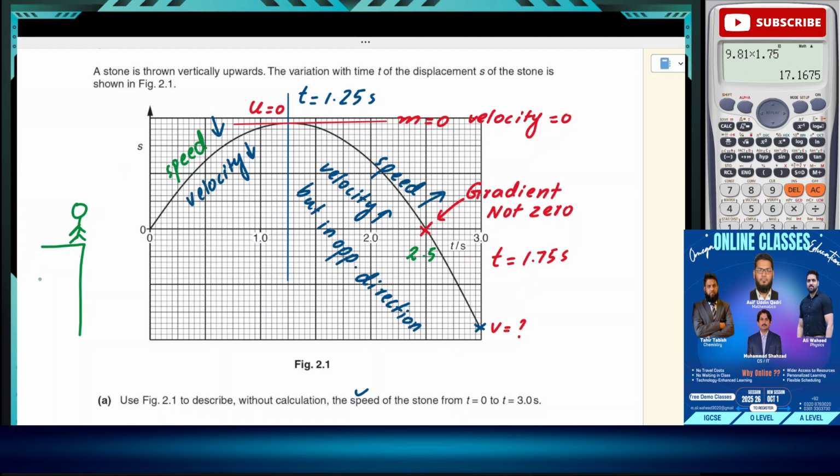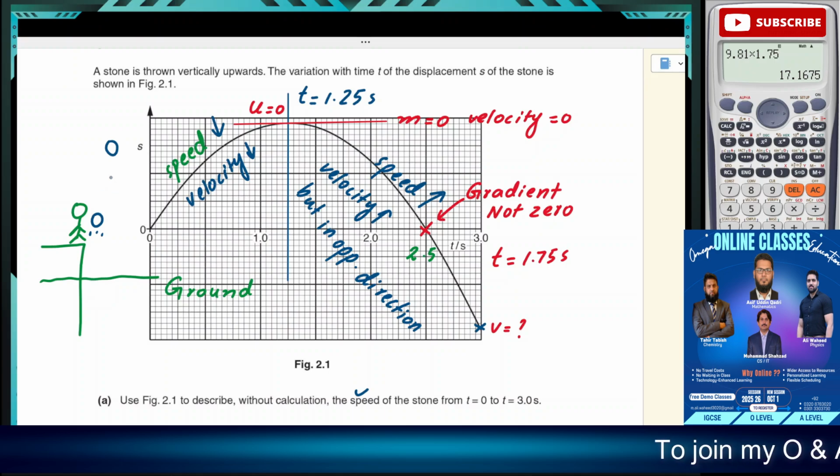So let's say you have a ground here. You throw an object upward from here. Its speed would decrease as it goes upward. Technically, it should be a straight line, but just for reference, I'm drawing slightly to the right side. Technically, it should be here.